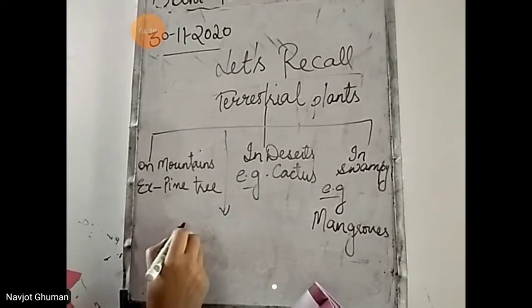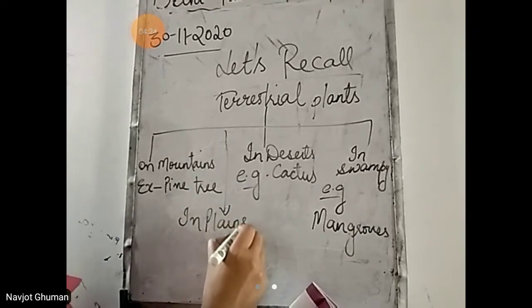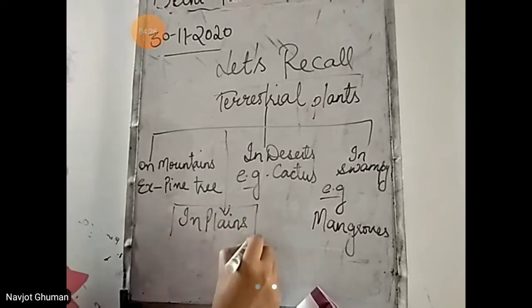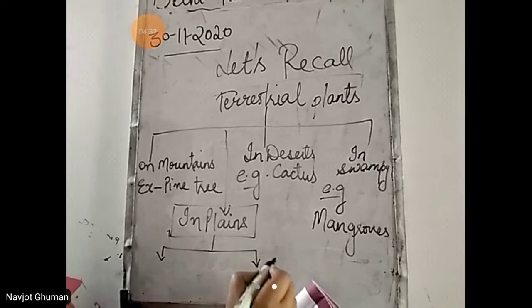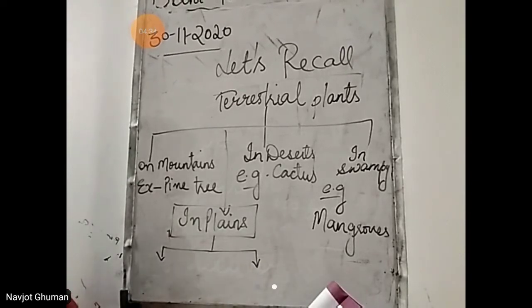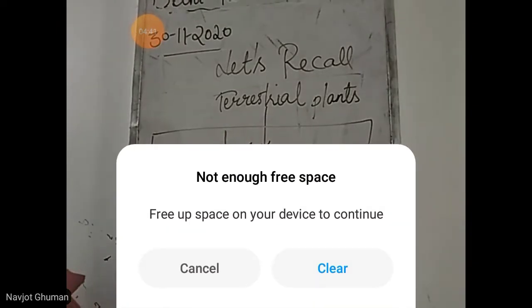Next is in plains, two types of plants grow in plains, one in areas of heavy rainfall and one in areas of less rainfall. Fourth one is on sea coast. One type of plants grow on sea coast. And example is coconut tree.